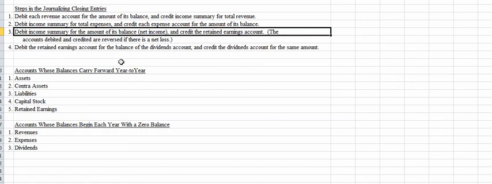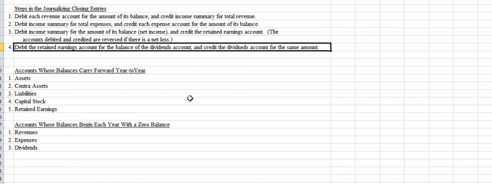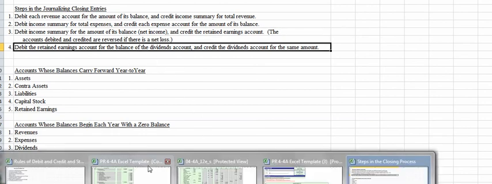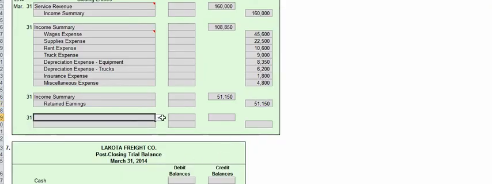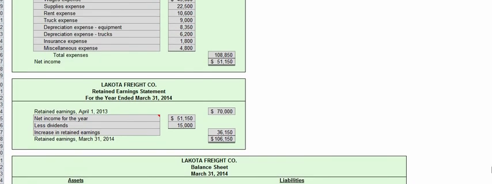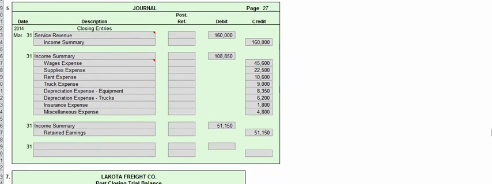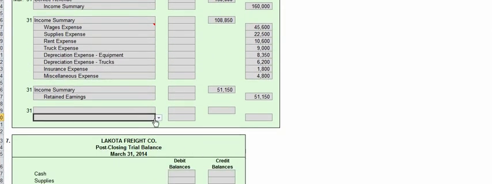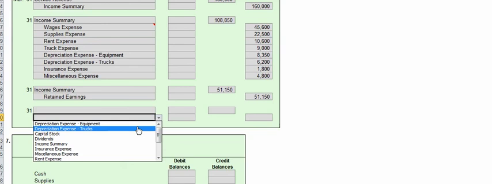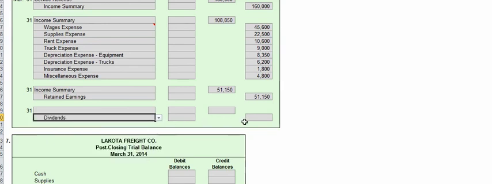Okay, with the last closing entry, we want to close out the dividends account. So let's go back and find the dividends account. Dividends has a debit balance for $15,000. If we want to make it zero, then we'd have to credit dividends for $15,000.